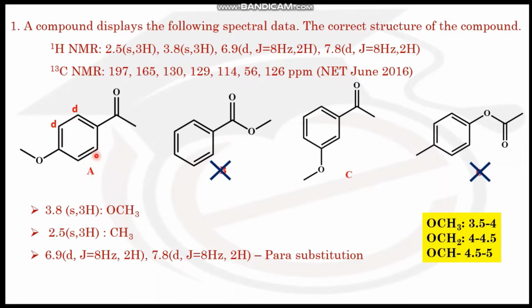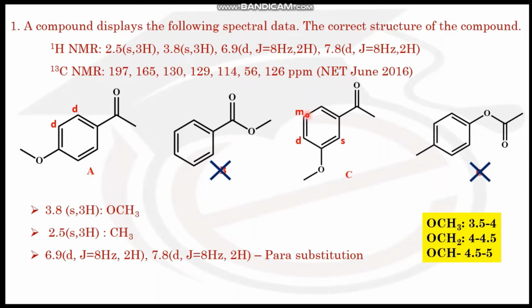These hydrogens are the same, and those are the same, so two signals are there and both are doublets. Now coming to C, there is a hydrogen here that cannot be coupled with any other hydrogen, so it will act as a singlet. Then this one will be a doublet.